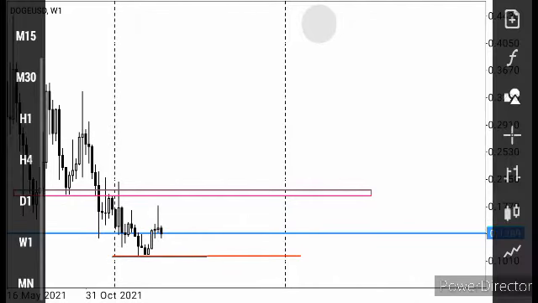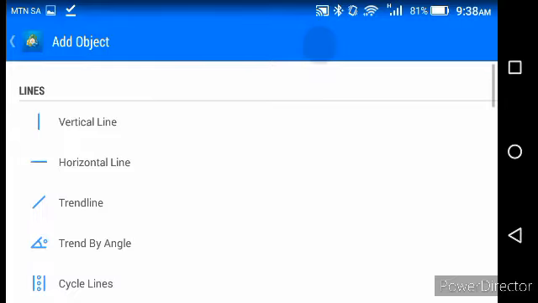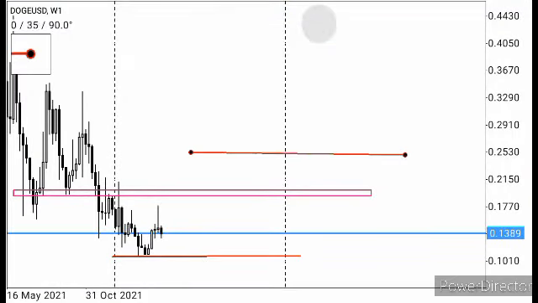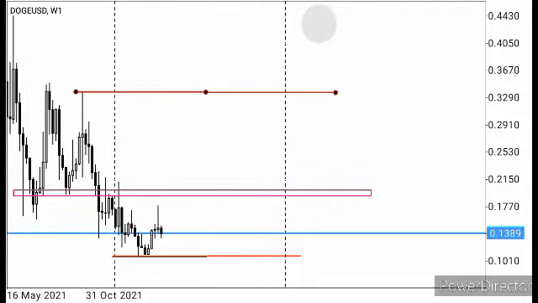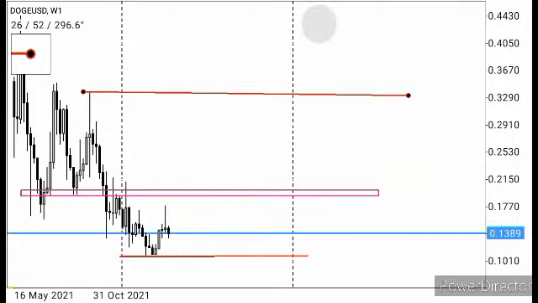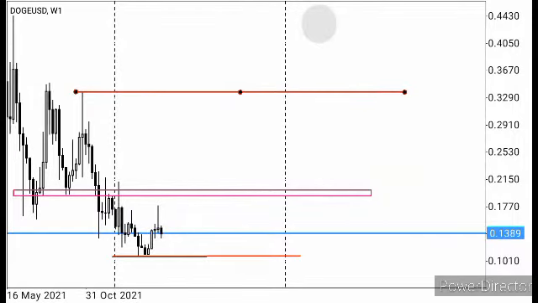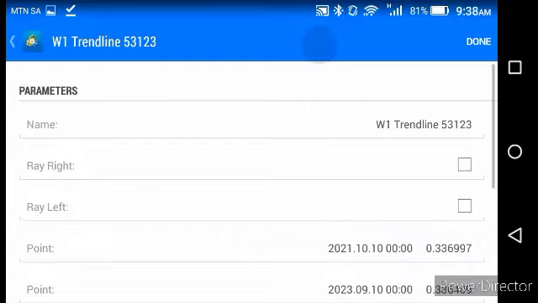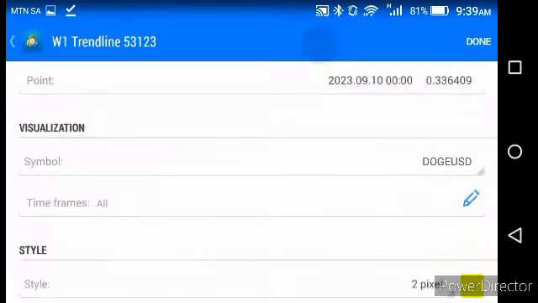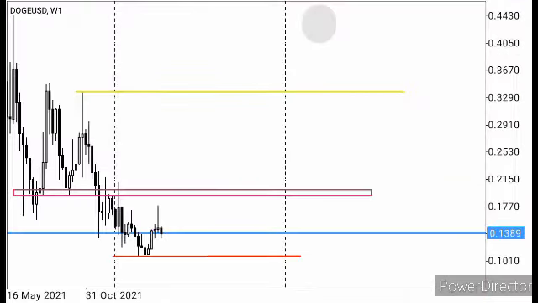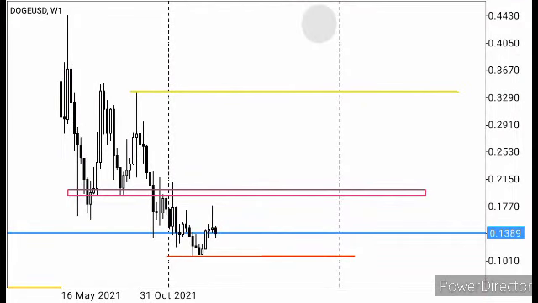So what I'll do now is I will mark this particular area just for future use. It's a very important area. I'm just going to mark it yellow in color. There we go. All right.